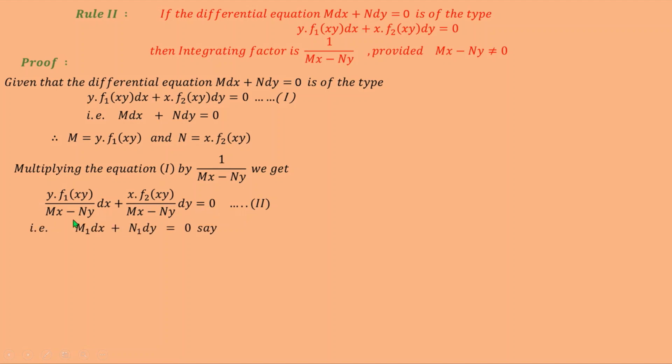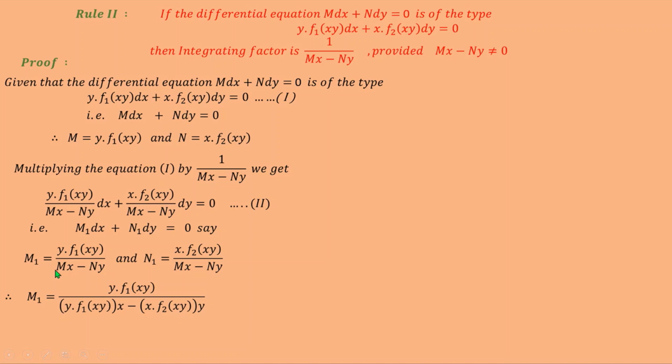Say this is M1 and this is N1, so we get M1 dx plus N1 dy equal to 0, and therefore M1 is equal to y into f1 of xy upon Mx minus Ny and N1 is equal to x into f2 of xy upon Mx minus Ny.